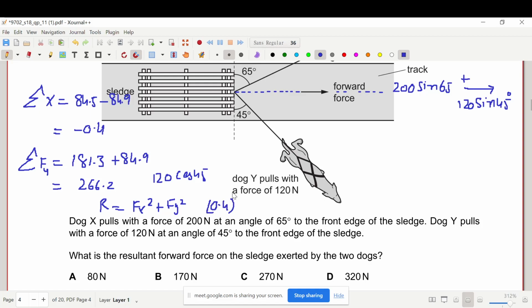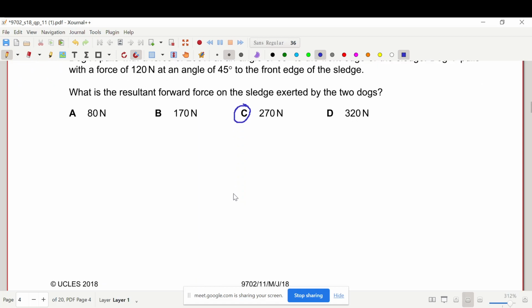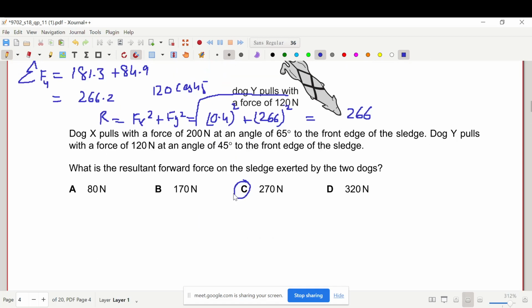So 0.4 square plus 266 square, root, just try to find out. 266 is near to which option? Okay. Yes. If you round off, 266 becomes 270.